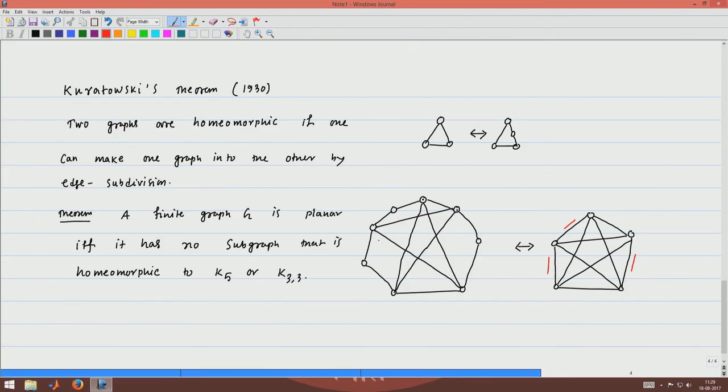By subdividing this edge you will get this path of length 2 and by subdividing this edge you will get a path of length 2 like this. So, since this graph G is homeomorphic to K5, that is why G is non-planar. This is my G here. So, G is non-planar.